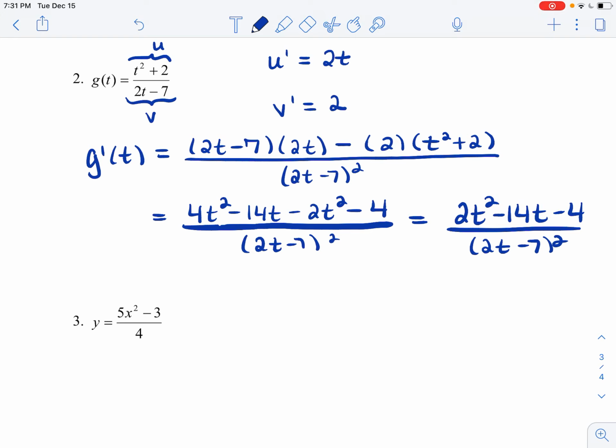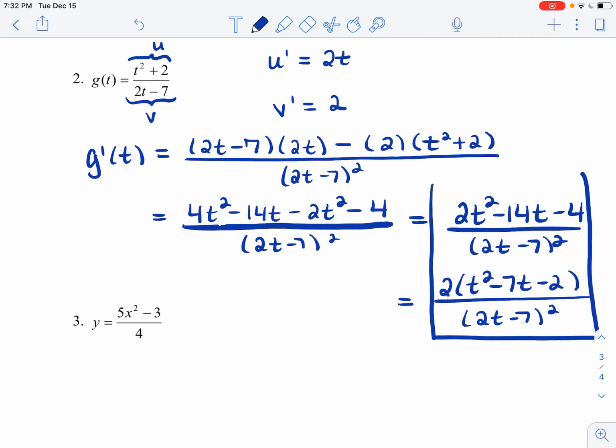Now, technically, similar to the last question, we could factor the numerator. We could factor out a 2, t squared minus 7t minus 2 over 2t minus 7 squared. But again, that doesn't allow us to simplify any further, so either version here would be an acceptable final answer for the derivative of g.